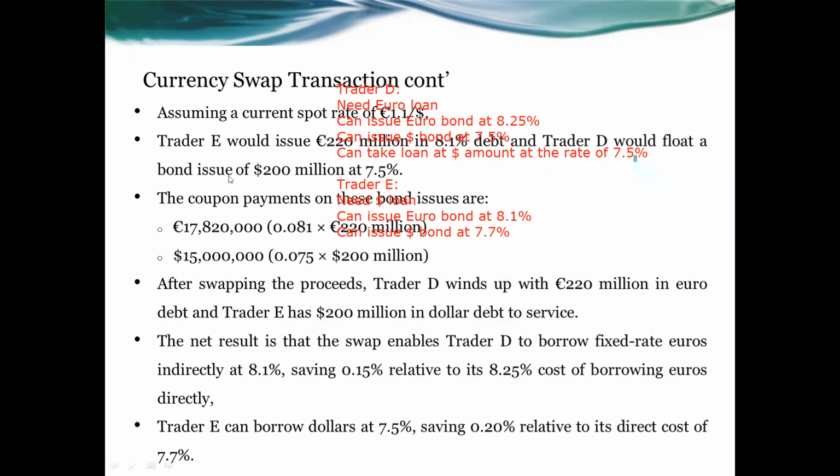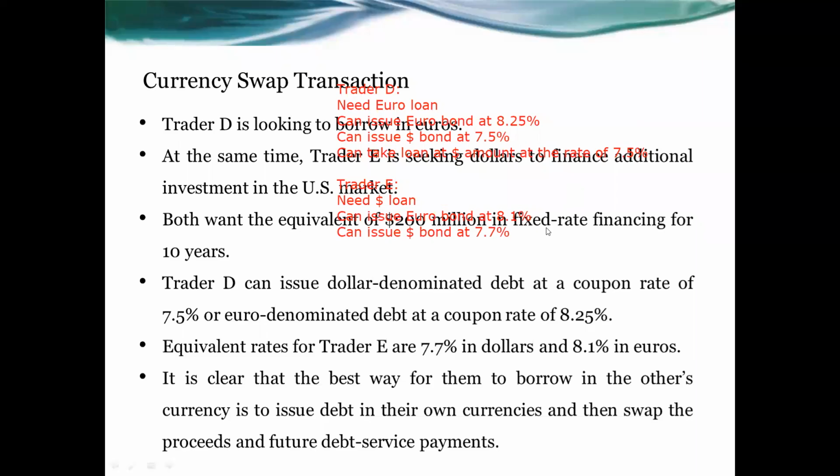Trader D will float the bond issue, and trader E would float the bond. Right, so there is no issue. I thought that the interest rates were changing.